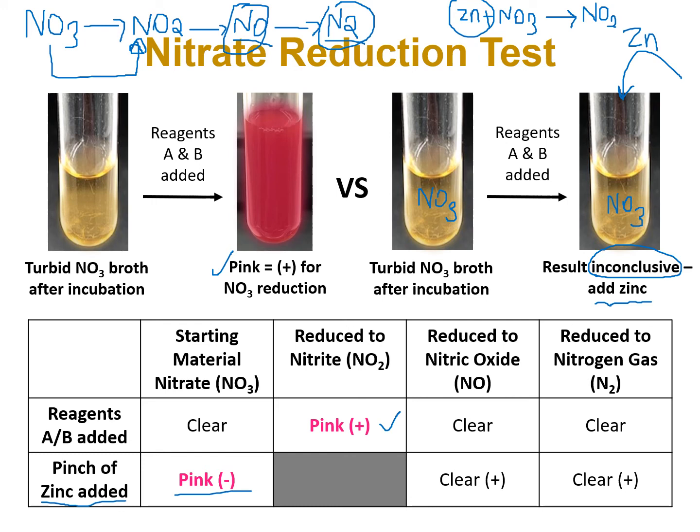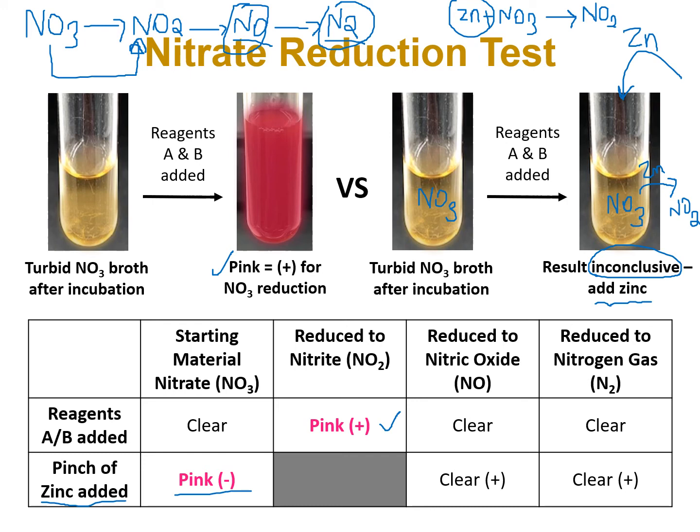Now, what zinc is supposed to do is, if there is nitrate in here, after you add the zinc, it's supposed to reduce it to nitrite. Now if zinc reduces nitrate to nitrite, it's going to change color and give you a red color.